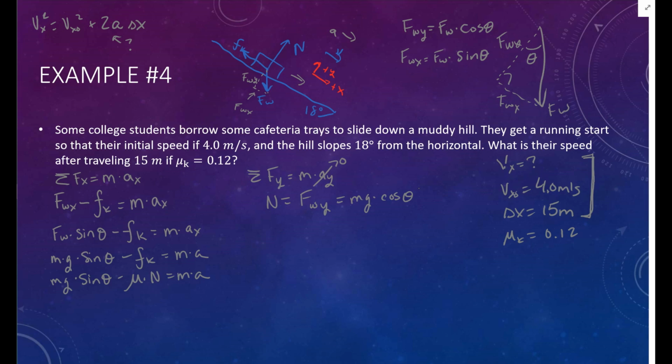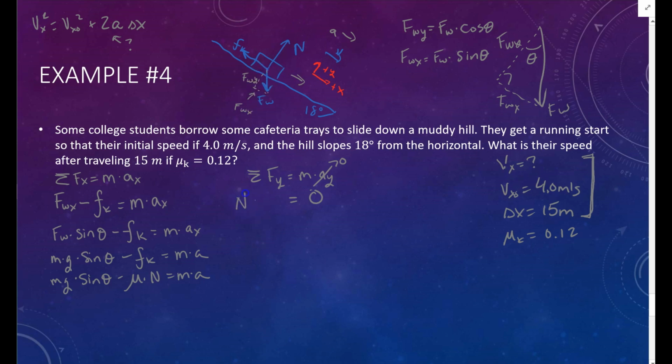Did I skip too much algebra for anybody? You want me to go back and show you? Okay. I'll take a step back. So we know the acceleration is 0. The right-hand side turns to 0. The left-hand side we're going to replace with the forces that we're actually adding in the y direction. The forces in the y direction, according to the diagram I set up, is my normal force up and my force of weight in the y direction down.